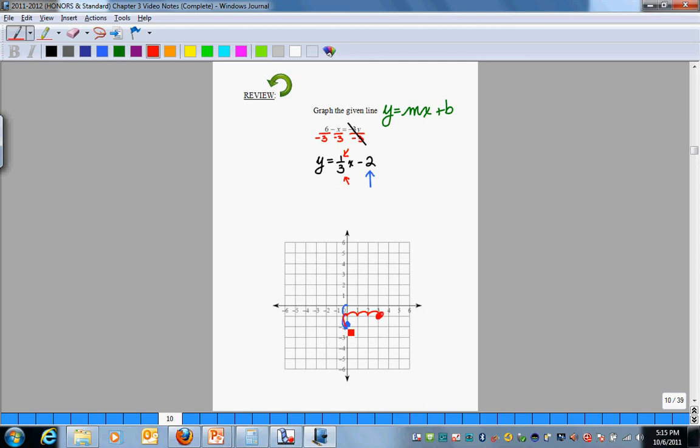It's a positive line, or I could go down 1 and over this way 3. Either way, I get a positive line. And this is y equals positive 1/3 x minus 2.